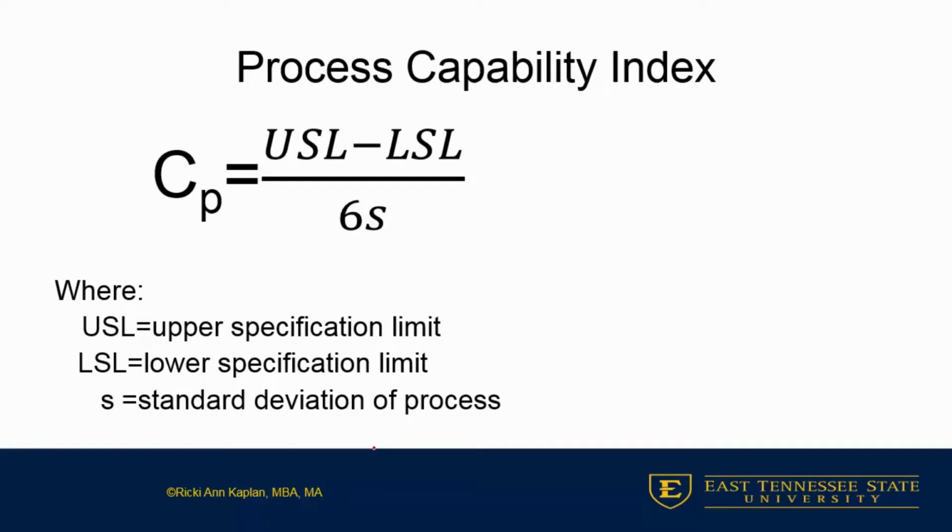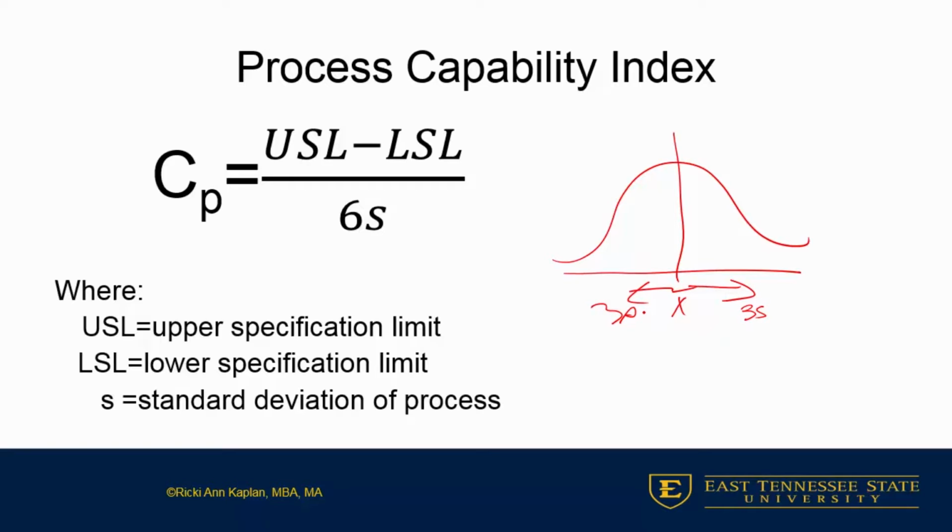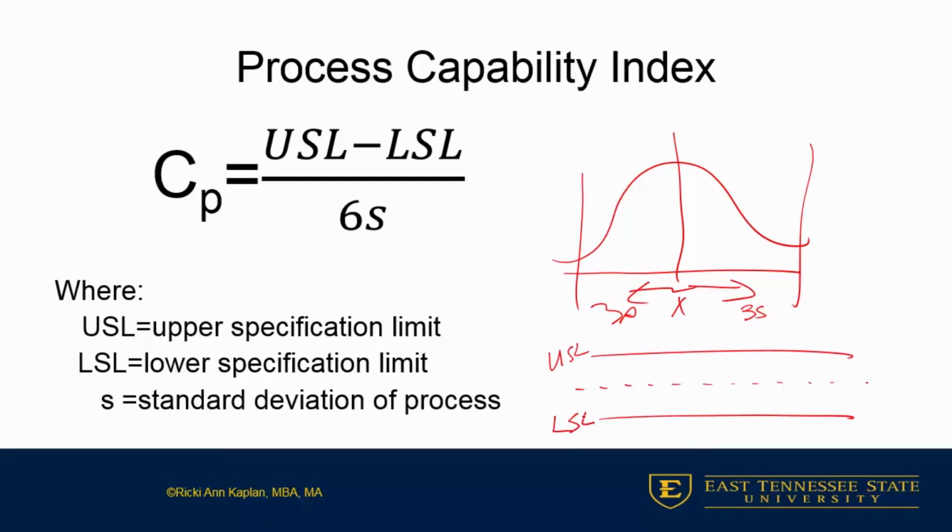Now again, we said that we're using three standard deviations on either side. This right here is our upper specification limit, our lower specification limit, and our X bar. All I've done is turn this on its side to give us the three standard deviations on each side.